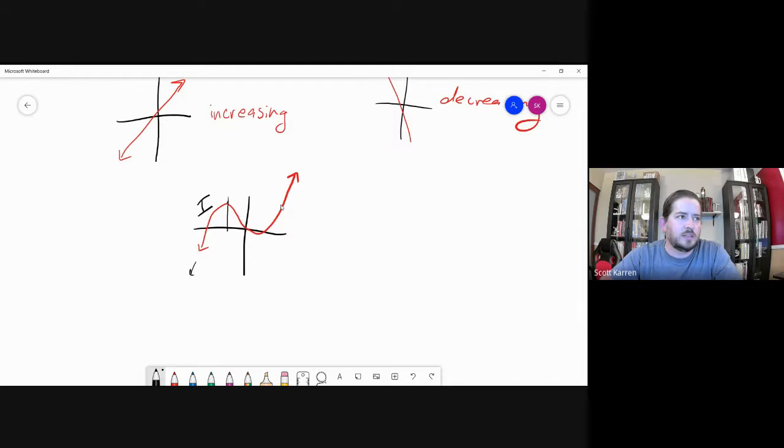But then between this x value and this x value, the function is decreasing. It goes down, and then it goes up again, so increasing, right? So this one increases, then decreases, then increases. And a lot of times we're interested in the intervals in which these are increasing or decreasing.